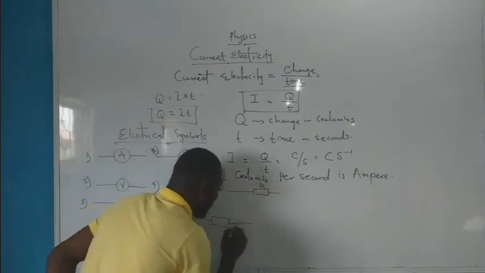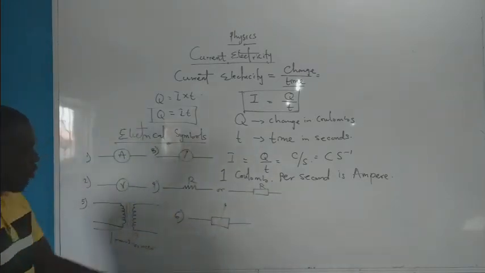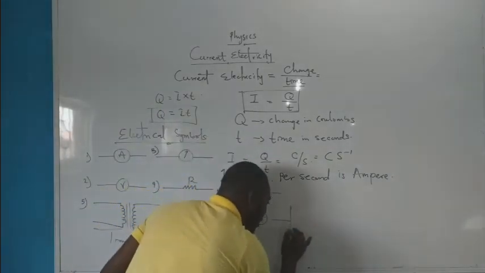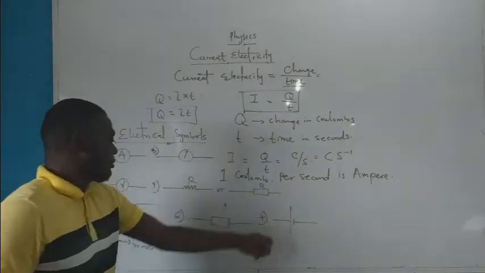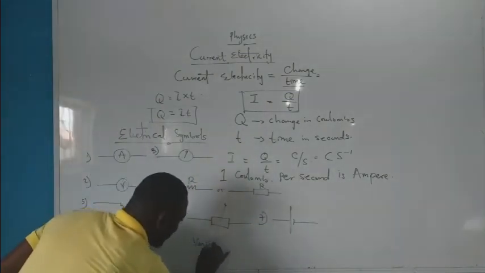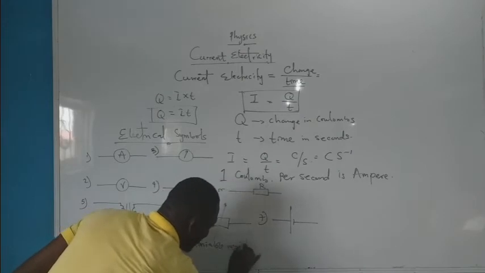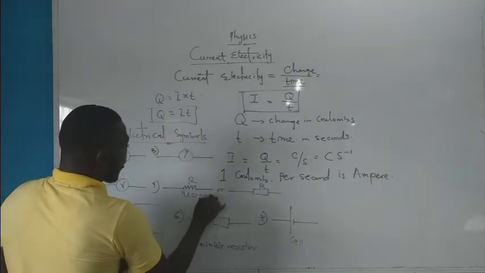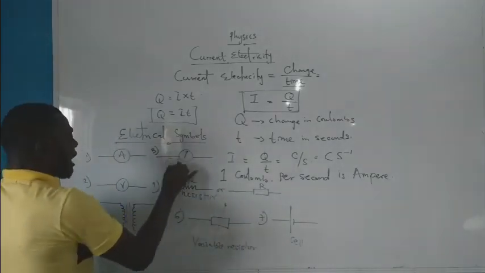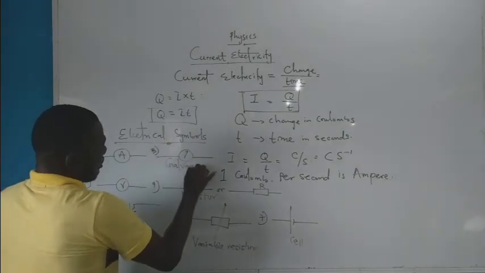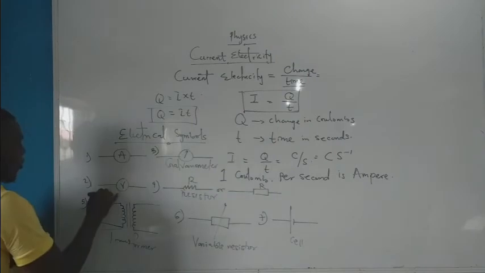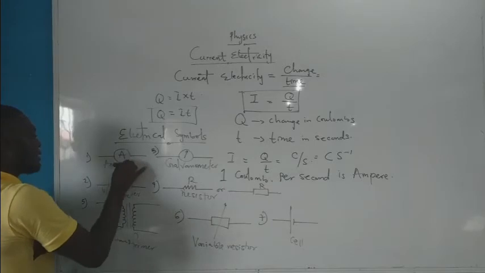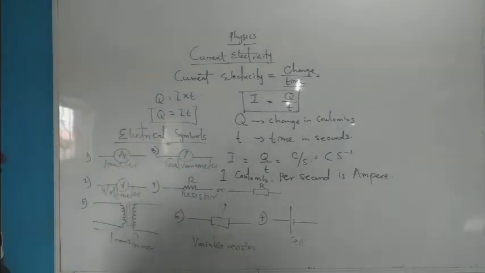Number 7 is the cell. This is the variable resistor, this is the cell, this is the resistor, this is the galvanometer, this is the voltmeter, and this is the ammeter.